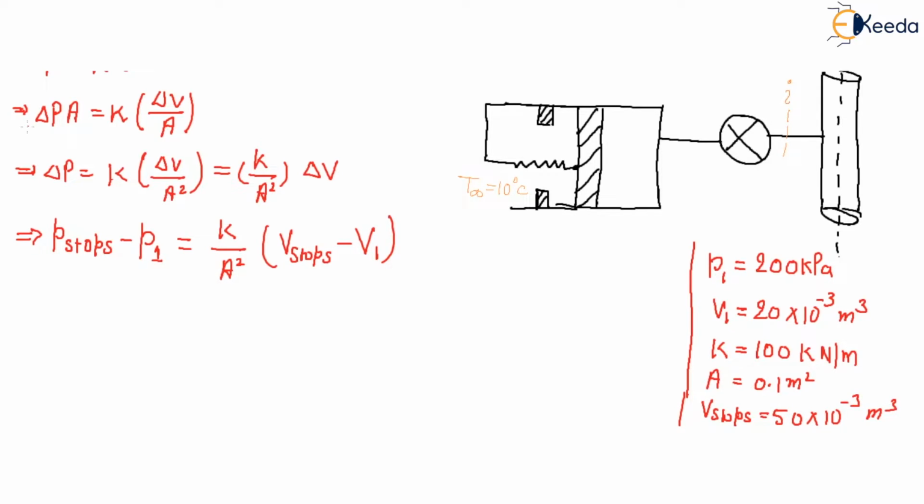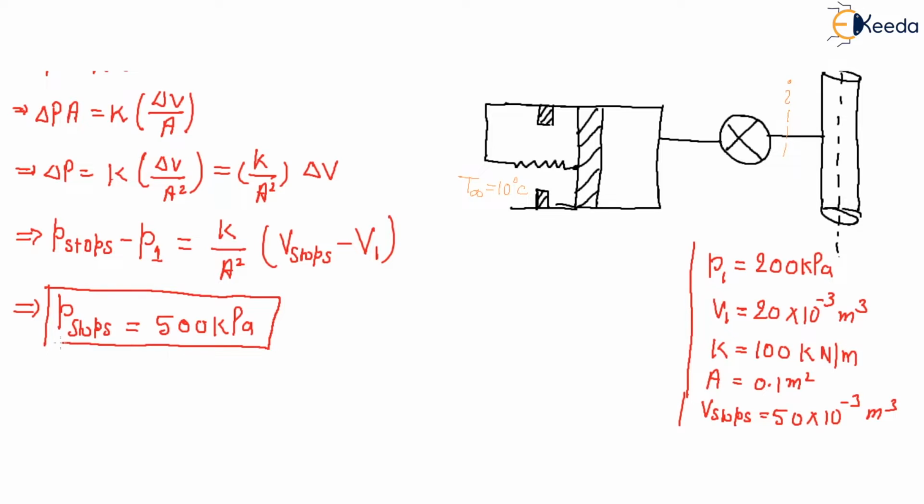So if you put in all these values, what is the pressure inside the cylinder at which the piston will hit the stop? This pressure is 500 kilopascal when the piston will just reach the stop.